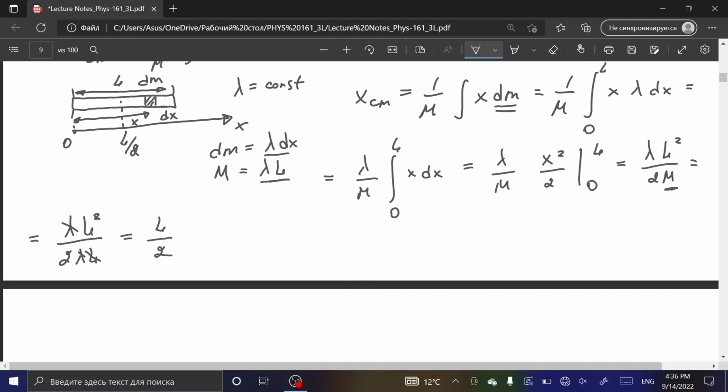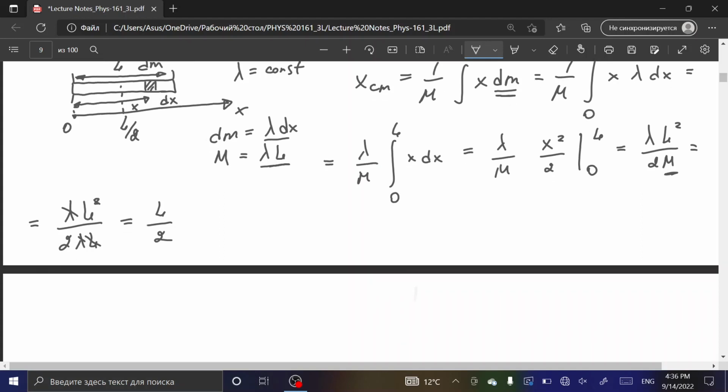So it looks like our intuitive thinking makes sense. In this case, we indeed got the position of the center of mass right in the middle of the rod. So now let us make it a little bit more challenging.